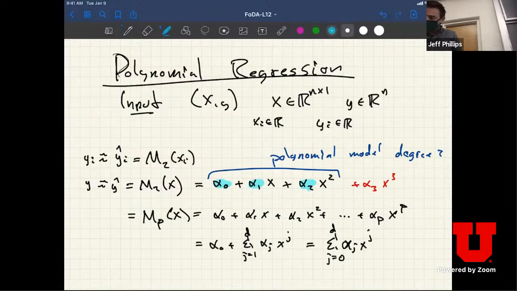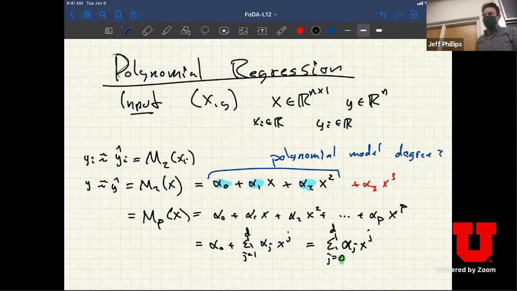If I start counting at 0, then that's alpha 0, and what's x to the power 0? It's always 1. Anything to the power 0 is 1. So I can do that as well. Okay, so this is my polynomial model here.